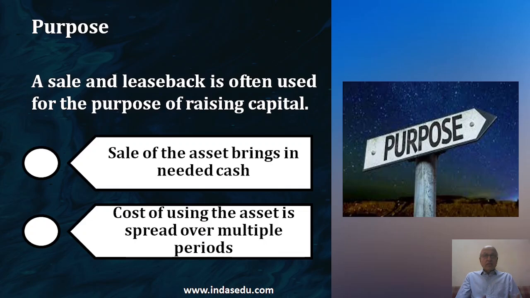Second thing is cost of using the asset is spread over multiple periods. Now the seller sold the asset, leased that back. That means he continues to make use of the asset. Now, when he uses that, it has a cost. How is that cost spread over? You see, cost of using the asset is spread over multiple periods by making the lease payments.